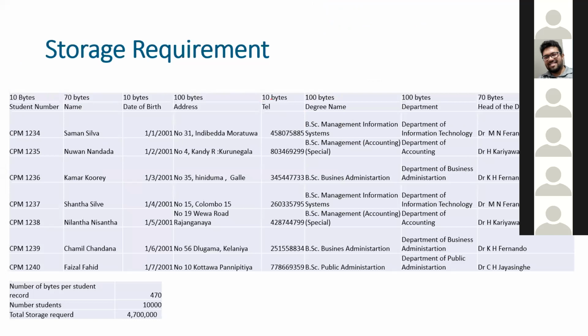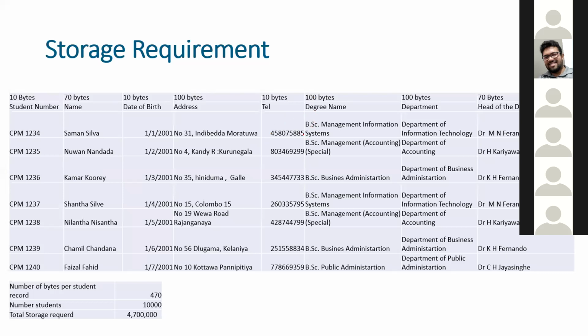The mobile number field is 10 bytes, so it will store 1, 2, 3, 4, 5, 6, 7, 8, 9, maximum 10. This is the field that can store a telephone number of at most 10 digits.